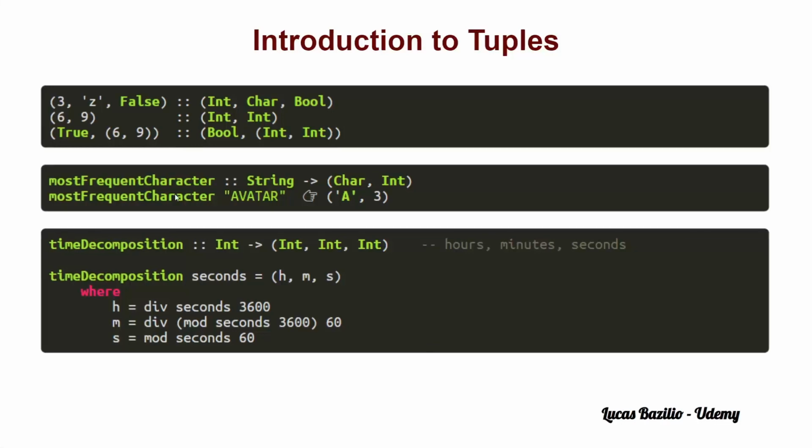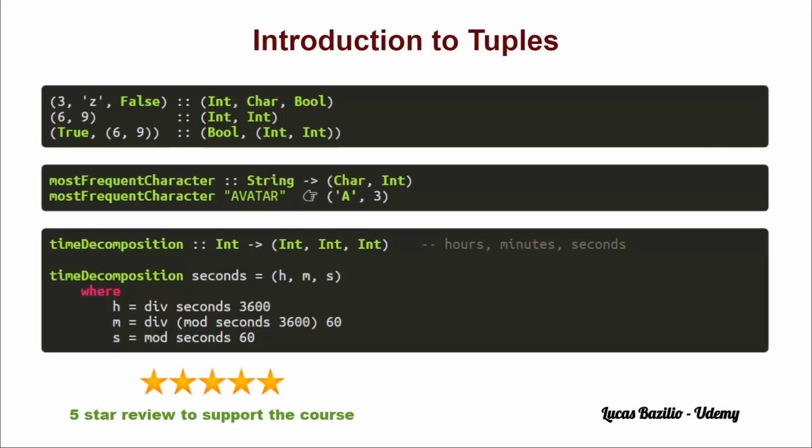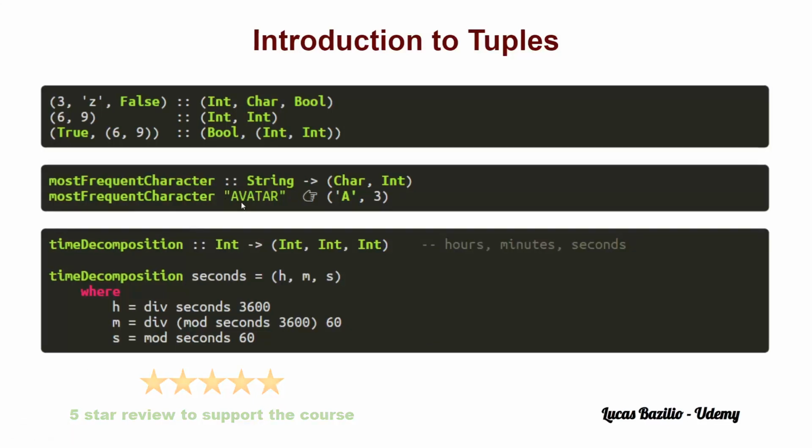We see right away, if we have the text avatar, we have this string and this word, and we want to see which character is the most frequent and how many occurrences it has. We see right away that this is the character A. This is the character that is most repeated inside this word, and it appears a total of 3 times.